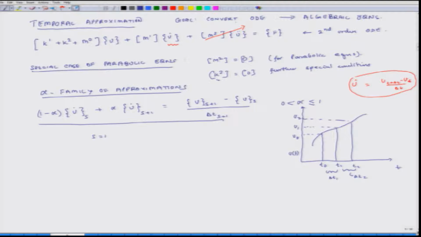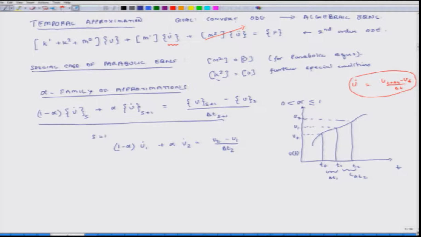So, if s is equal to 1, then the expression I have written says 1 minus alpha times u dot of 1 plus alpha times u dot of 2 is equal to u2 minus u1 divided by delta t2.